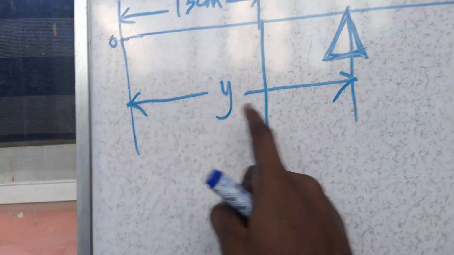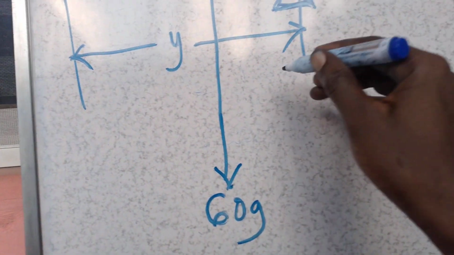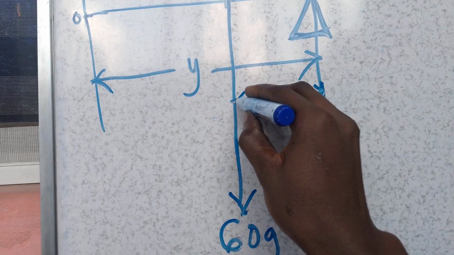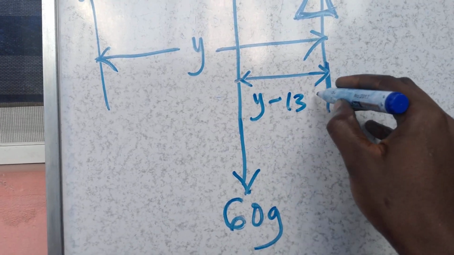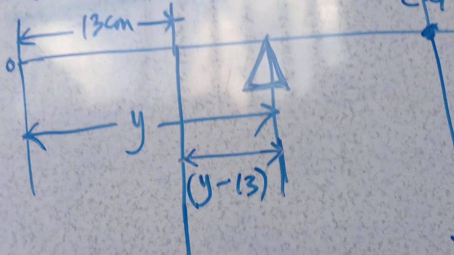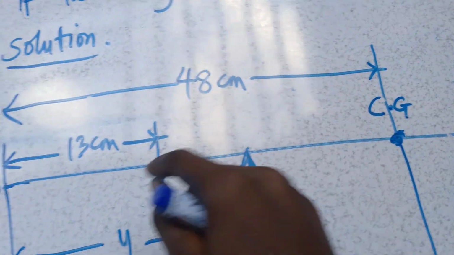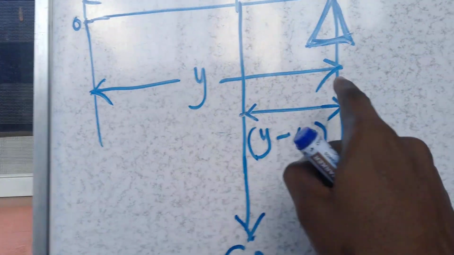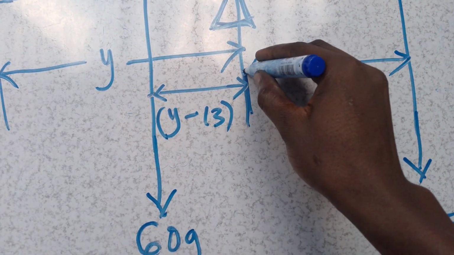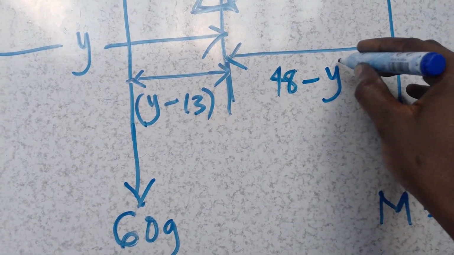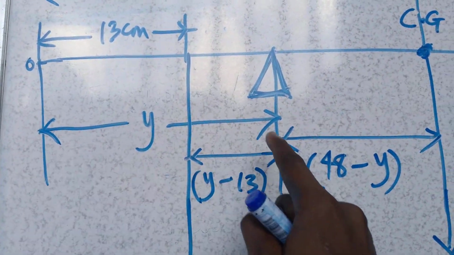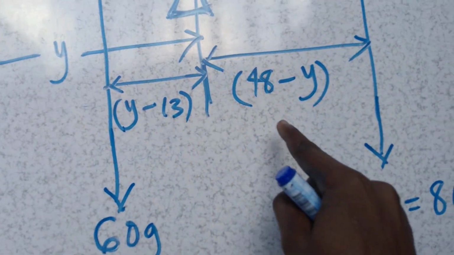So if the distance from here to here is y, and the distance from here to here is 13, it means that this smaller distance, from here to here, will be y minus 13. And the distance from here to here is 48, then from here to here is y, so 48 minus y will give us this side.